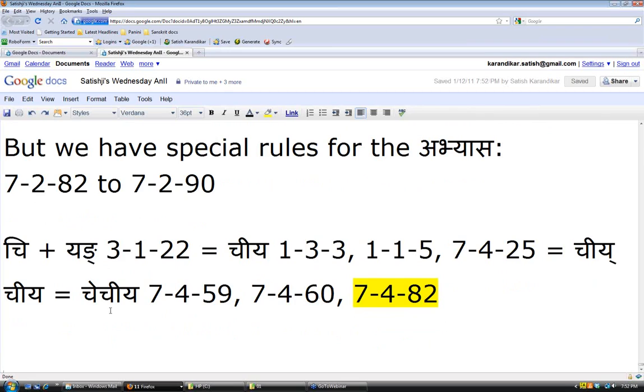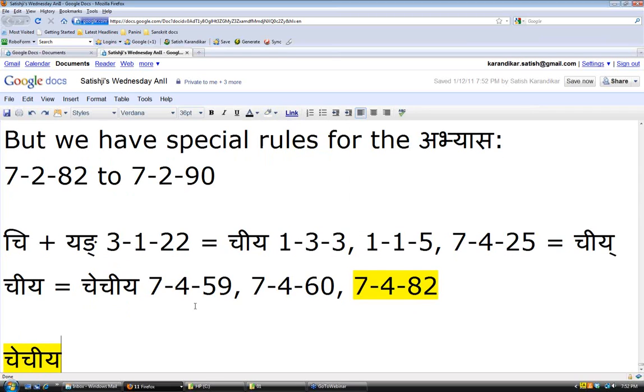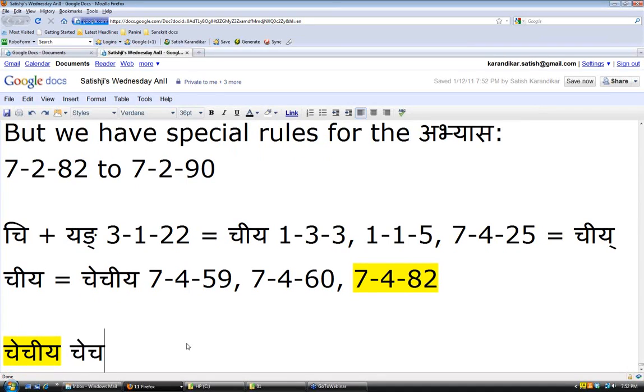So take the chechiya. Chechiya has dhatu sanya by 3132. So chechiya plus tip, not tip, sorry. Chechiya plus ta pratyaya.